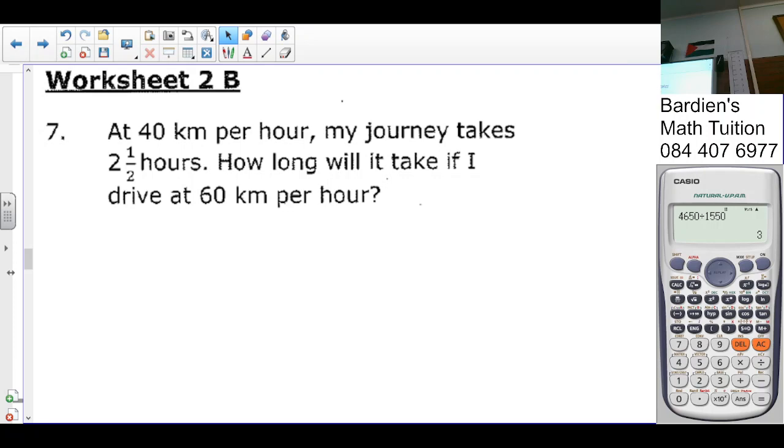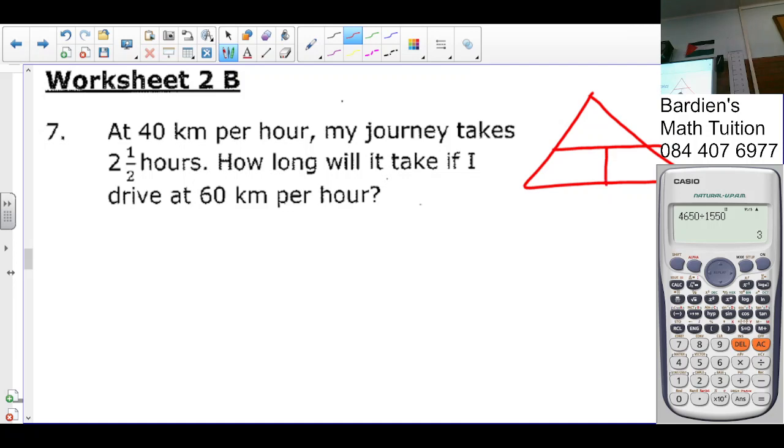Okay. So what do we do here? We first need to know the distance that is covered. Not so? For those of you who are confused a bit, remember the triangle.